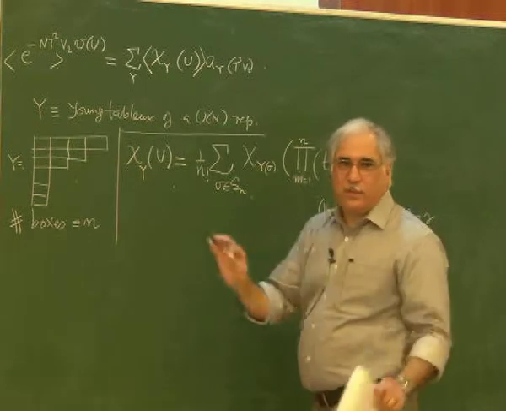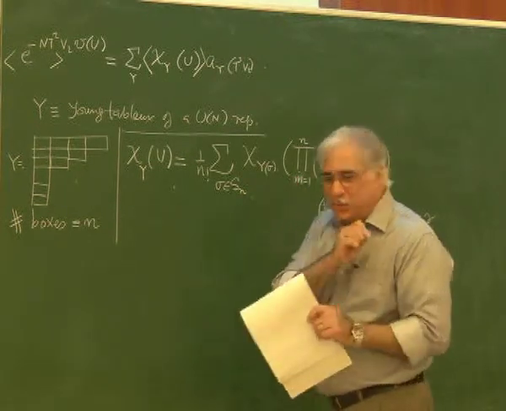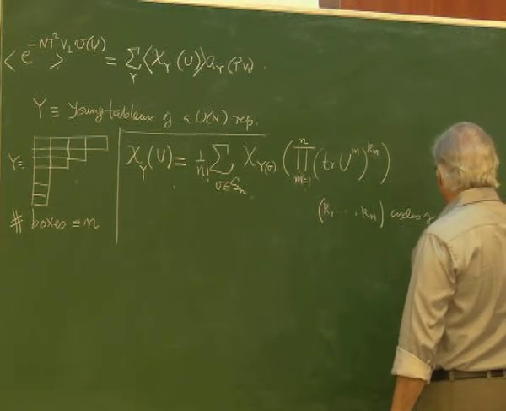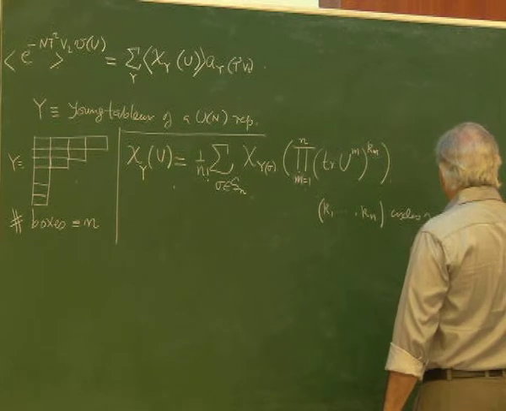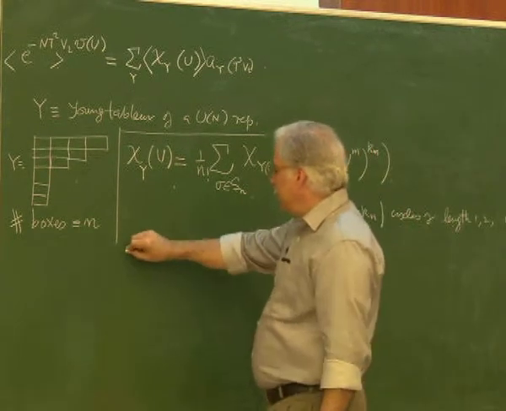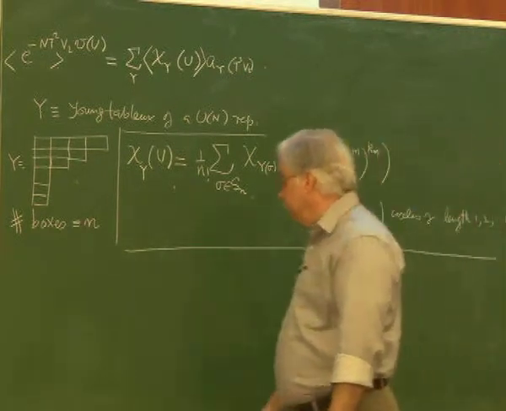None of this is necessary for what I am going to say in the real stuff that we will do. Okay. So this is the Schur polynomial in terms of the Polyakov line.